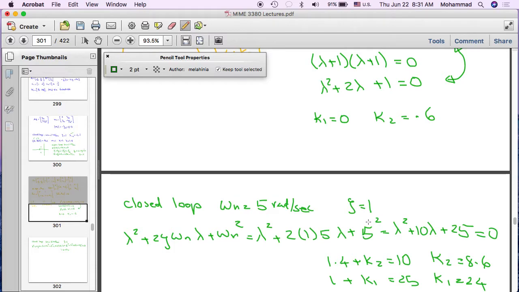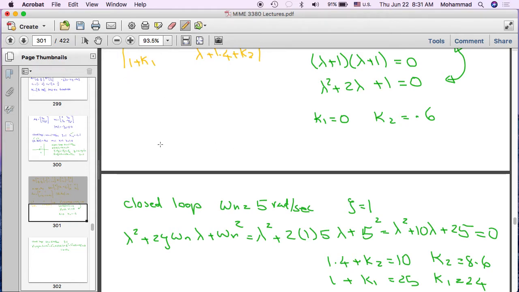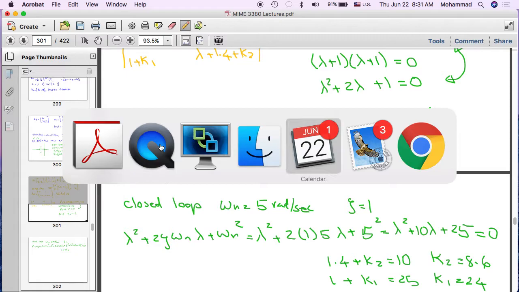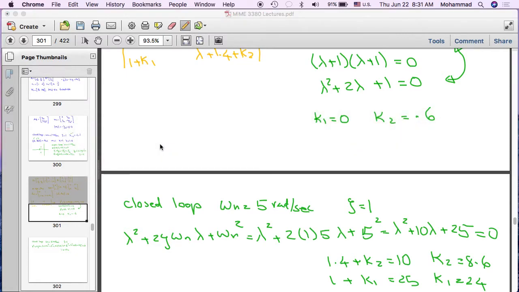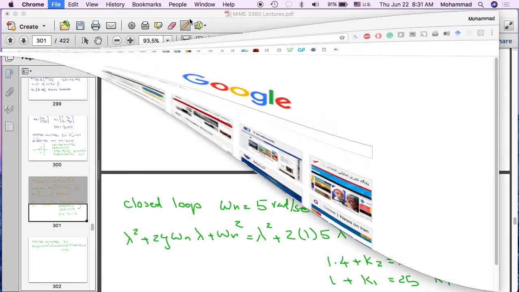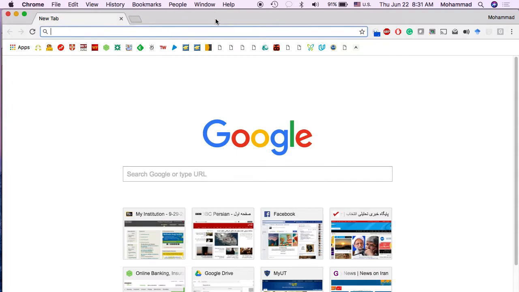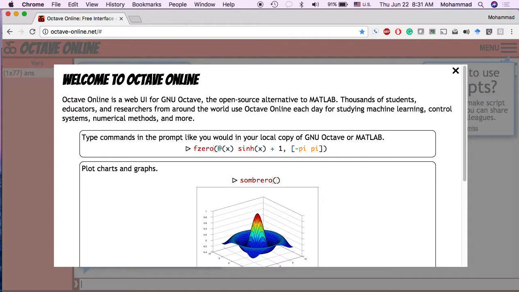The closed loop system will no longer oscillate. I'm going to follow along in the online version, but please use Simulink so you get more practice with Simulink.